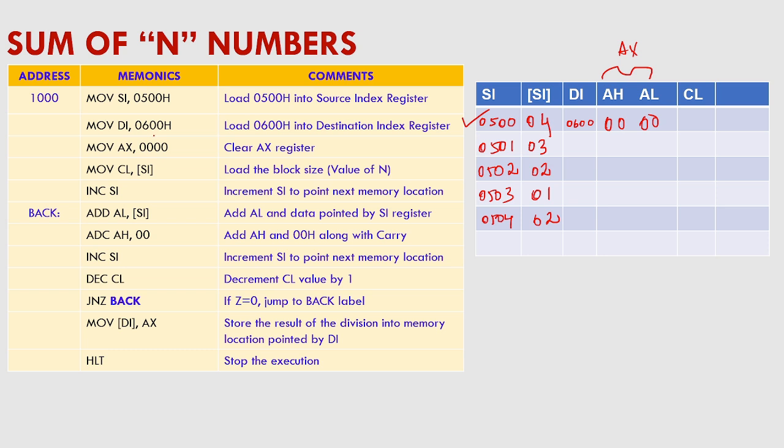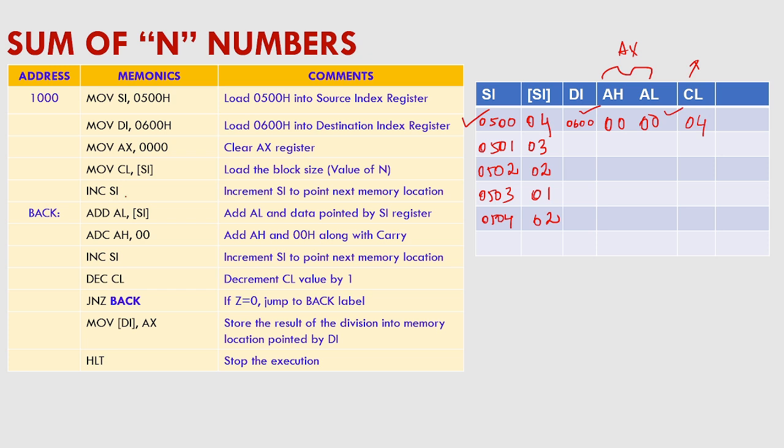In the second instruction 06 is loaded into DI, in the third AX is initialized, and the current SI content is 04, so that goes to CL. So that is 04, and this is the looping count. Here I can load n number of values; for example, I took 4 values.